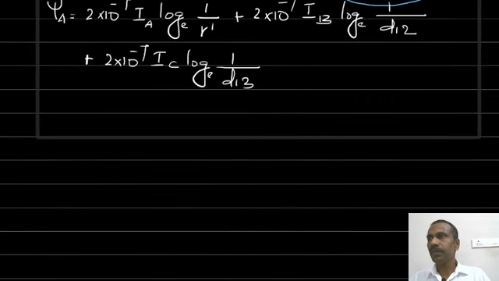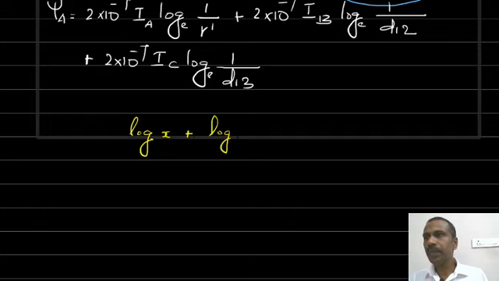Now we'll see a couple of formulas used with the logarithm. You know, log x plus log y can be written as log xy, and minus log 1 by d can be written as log d.